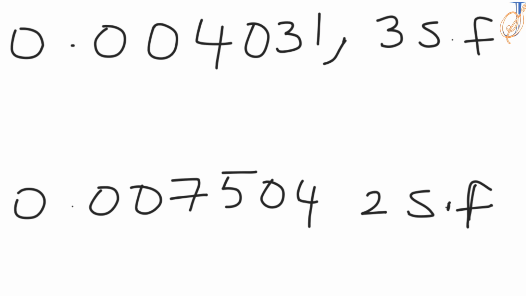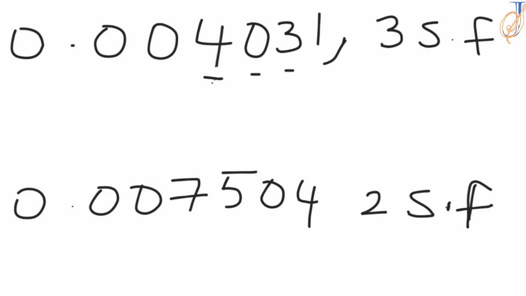0.004031. So you have to write it in 3 significant figures. They are asking for 3 significant figures. For that you have to count from a non-zero number. So this is your non-zero number. You have to count from 4. So 1, 2, 3.